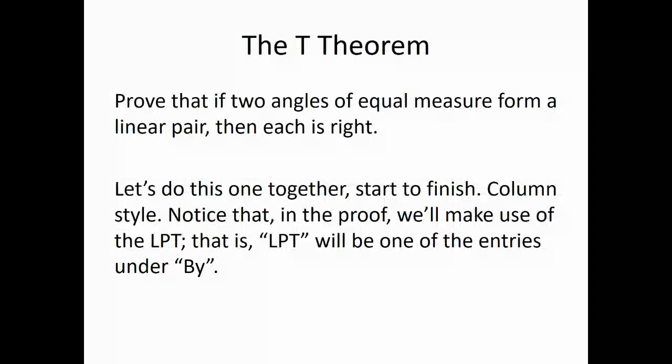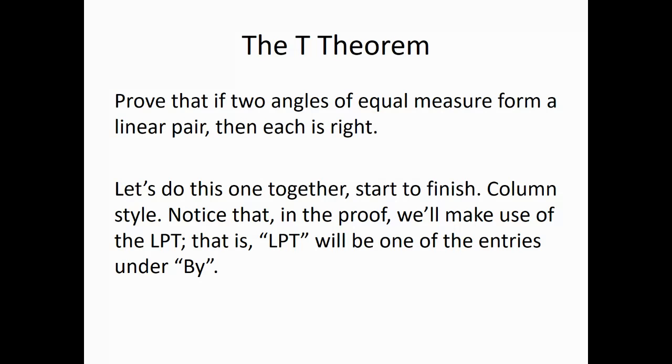Okay, so next theorem. Prove that if two angles of equal measure form a linear pair, then each is right. Now, before we launch into this proof, let me make an important point that really gets at the structure of what we do in this class. That theorem that we just proved, the linear pairs theorem, now that it has been proven, can be used in later proofs.